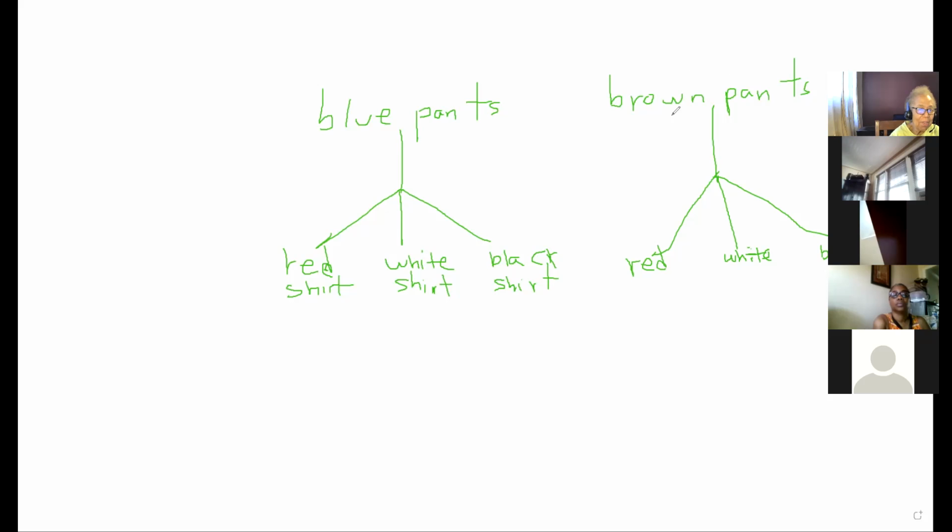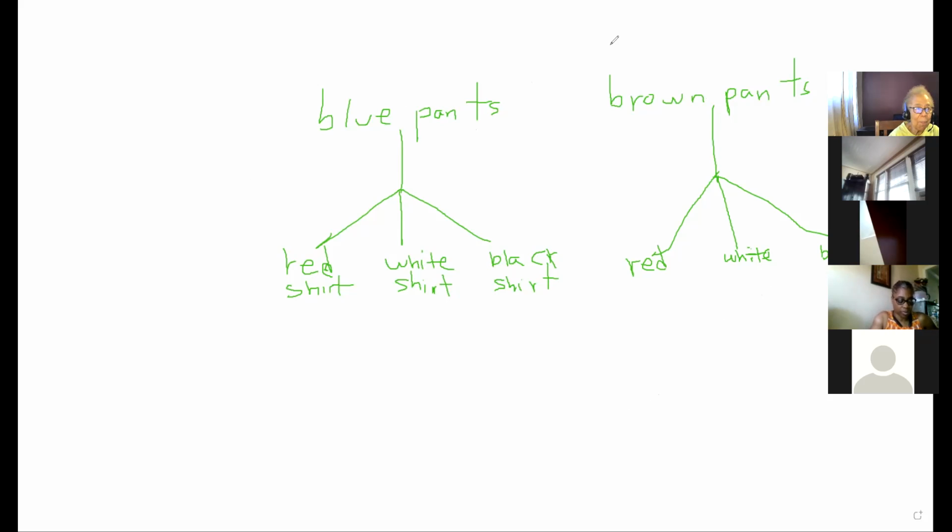You have brown and red, brown and white, brown and black. How many combinations? 1, 2, 3, 4, 5, 6. So there's 6 combinations of pants and shirts, right? The blue can go with these color shirts and the brown can go with these color shirts. So that's what they call the tree diagram.